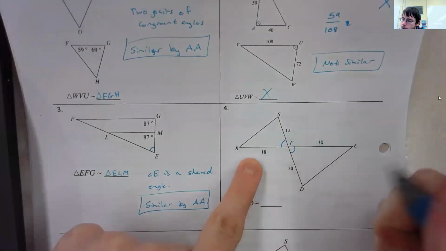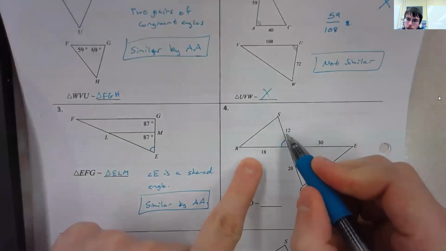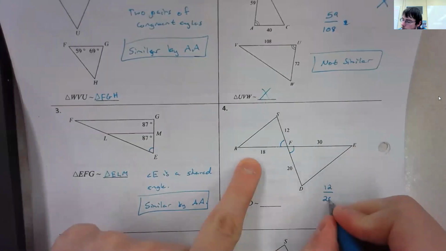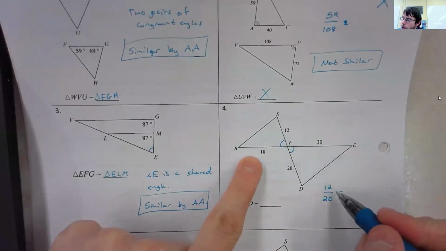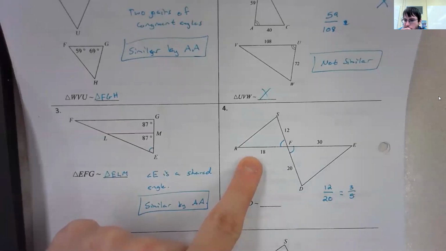So let's look at this. We have 12 is our smallest side here. So we're going to look at our other triangle, and 20 is our smallest side there. If you reduce these, you can divide both of those by 4, do it in the calculator, whichever. Then you get 3 over 5. Now let's do the other ratio.